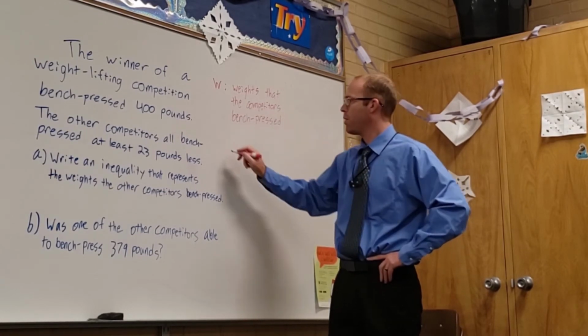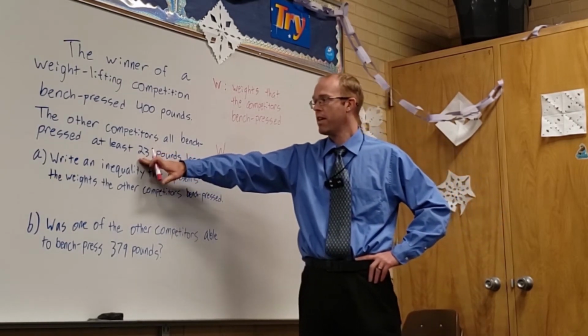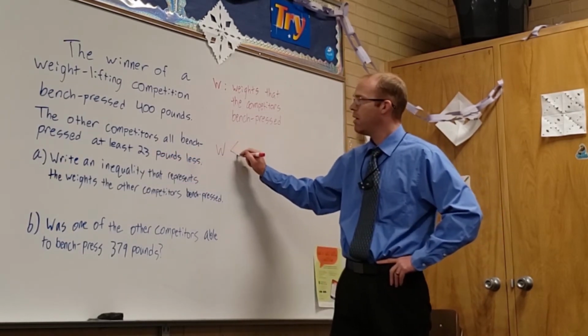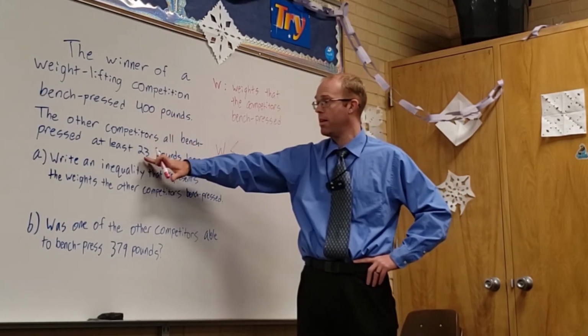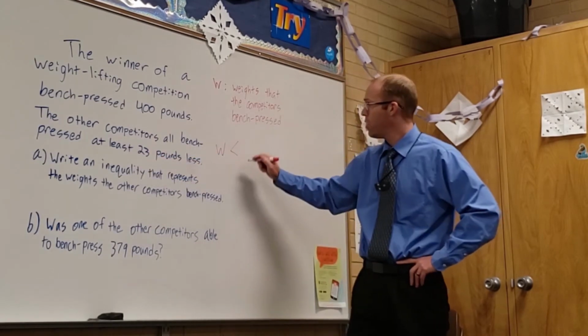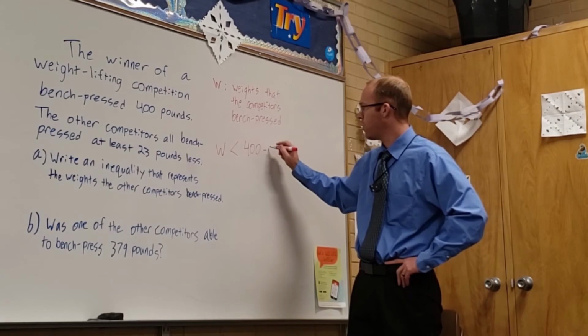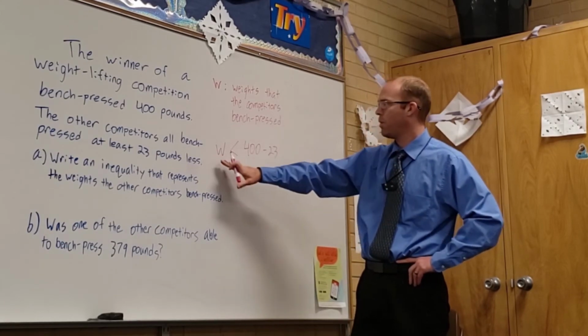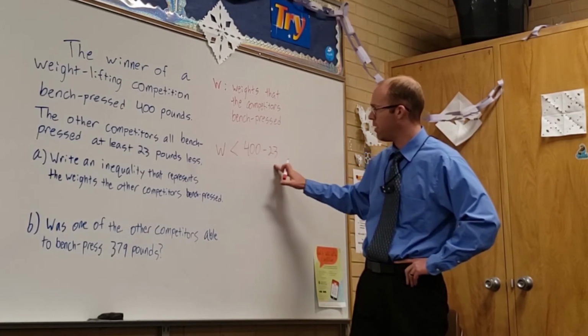All right, so I'm going to write down W. We know that that was less than the amount that the winner bench pressed, and it was less than that amount by at least 23 pounds. So if we take 400 and we subtract 23 from that, we know that the weights they bench pressed were less than this amount right here.